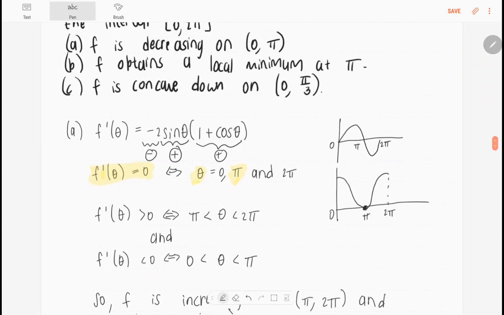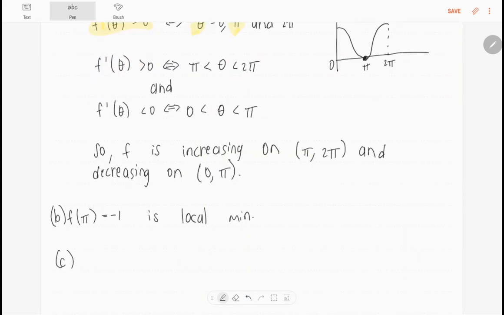And then the last part of the question says, show that f is concave down on the interval from 0 to pi over 3. So what you have to do at number C is work out the second derivative, which after simplification is minus 2 cos theta minus 1 multiplied by cos theta plus 1.